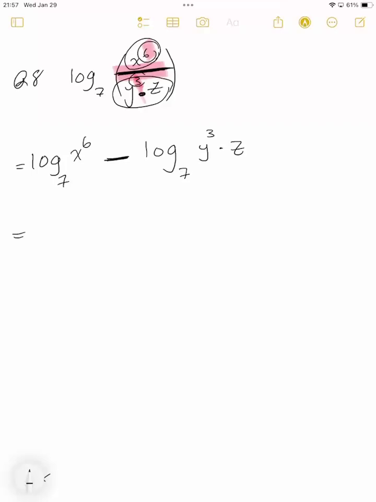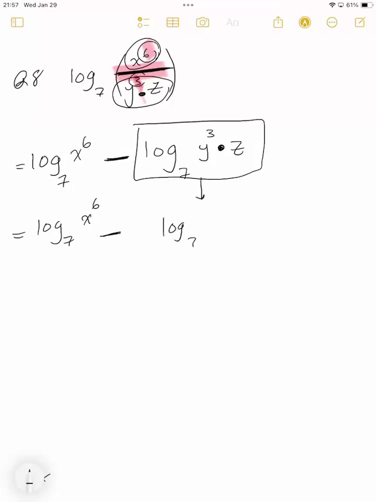Before I get rid of the exponents, we are going to get rid of this multiplication. For this piece, we have a minus sign. For this piece, we get log base 7 of y cubed, plus log of z.